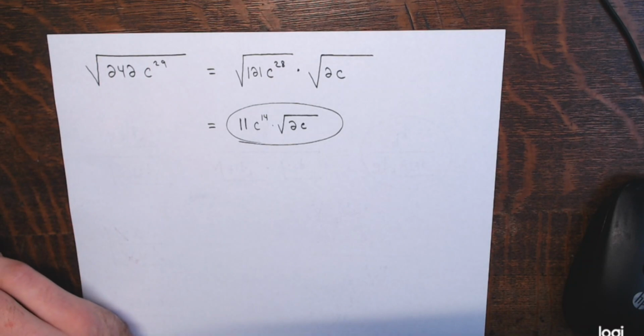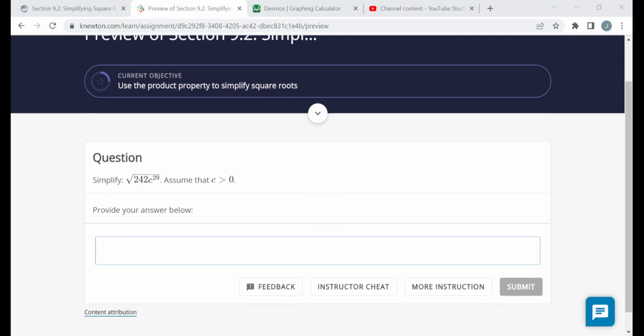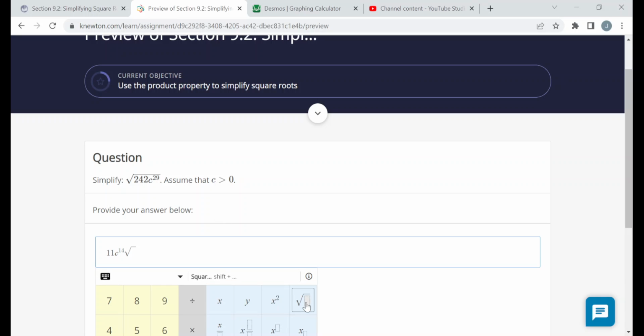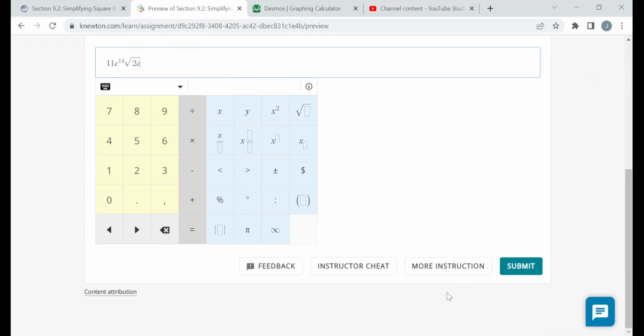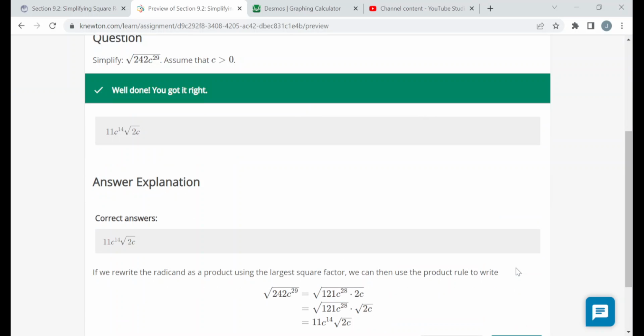I'd have to replace c with a positive number. And that's what they're telling you here: assume that c is greater than 0, assume that c is positive. So 11 times c to the 14th times the square root of 2c, and make sure the whole 2c is under the radical, under the square root symbol. Wonderful.